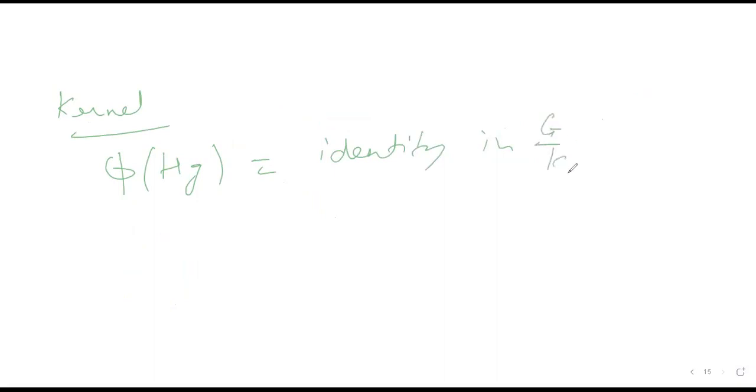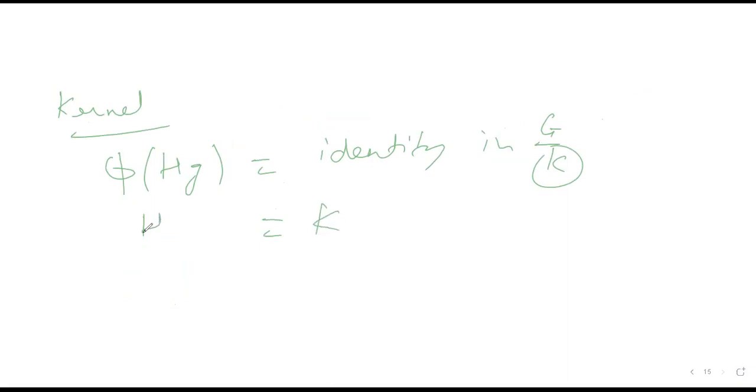Now let's check what is the kernel of phi. Kernel of phi will be phi of Hg equal to the identity in G by K. What is the identity of G by K? K itself.